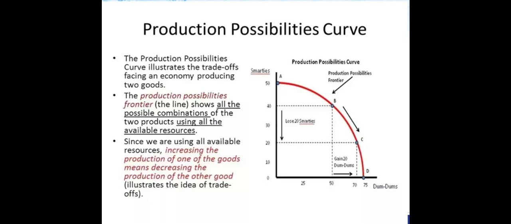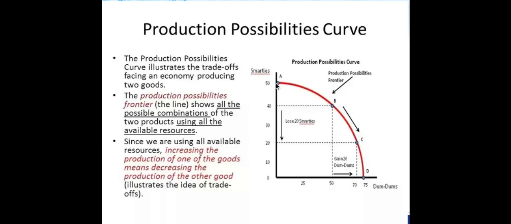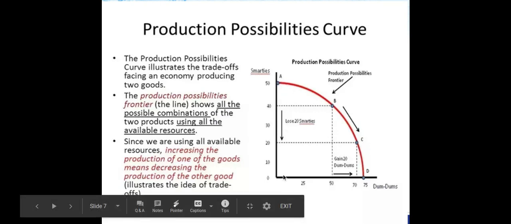Everyone sees that? Because that's at maximum capacity. At our maximum, we're using our resources the best. This is what the PPF, as I'll call it, is right there. At that maximum capacity, we can make 50 Smarties, but we can't make any dum-dums.